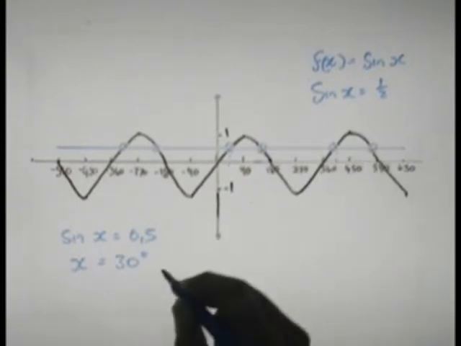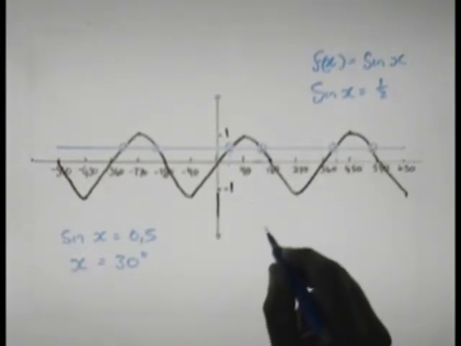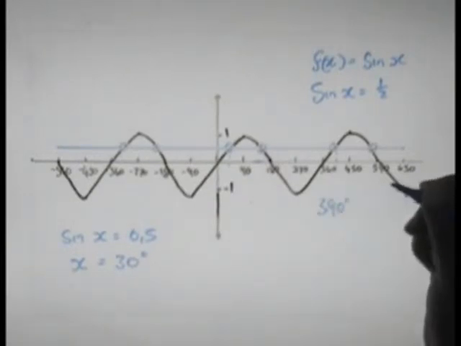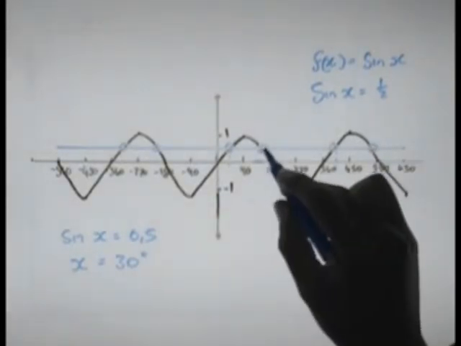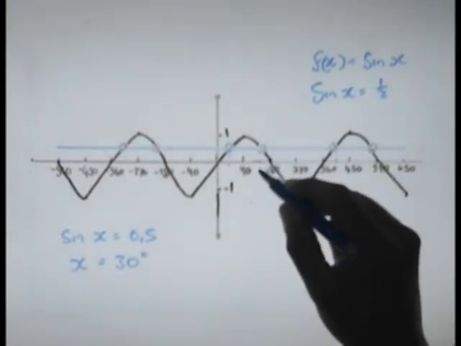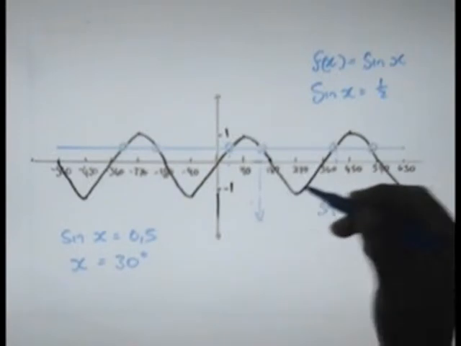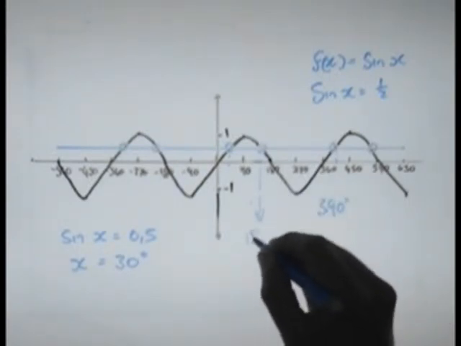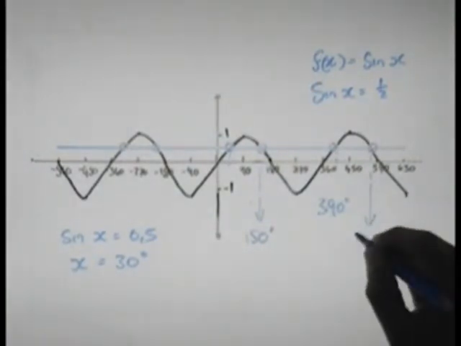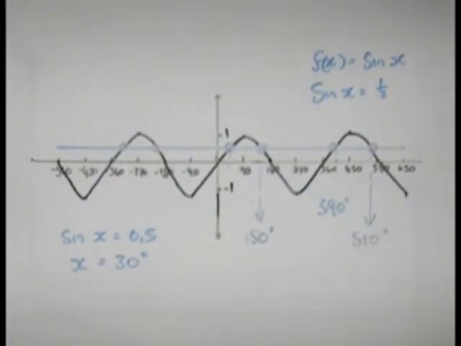There's over here which is going to be 390 degrees. There's over here and over here which I'm not yet taking into account. In fact, I will. This one is going to be 150 degrees. This one here is going to be 510 degrees.